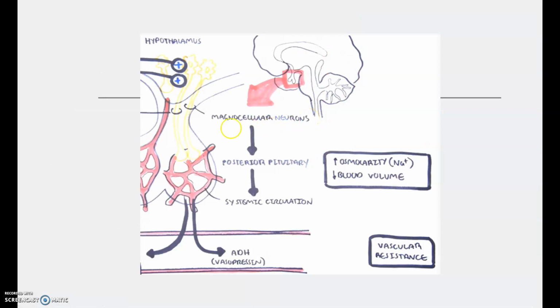Once these neurons release vasopressin, also called ADH, antidiuretic hormone, it's going to go through the body. This is triggered by increased osmolarity, which is when sodium ions are very prevalent in the blood plasma, or when the blood volume is significantly decreased.